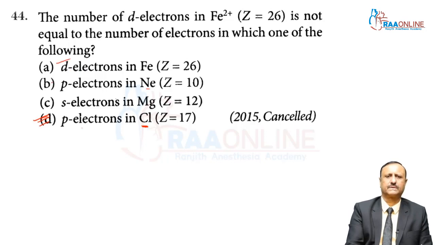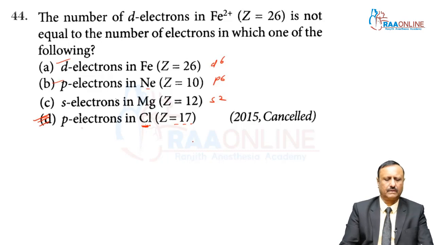In neon, electrons are present in p, p6. In magnesium, s2 is present. But in chlorine, you cannot get an equal number of electrons. So your answer is D.